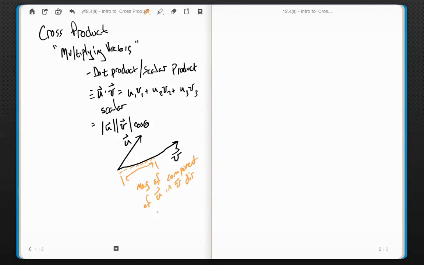Or it could go the other way, the magnitude of v in the u direction. That works too. All right, so that's what the dot product is.